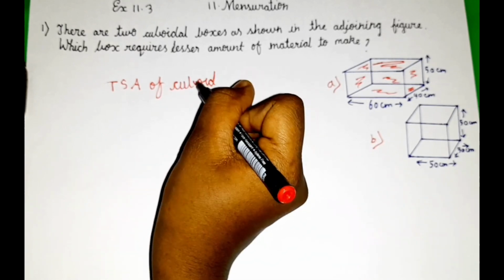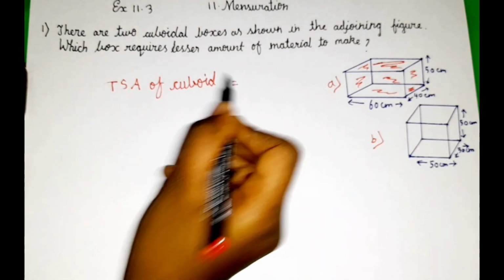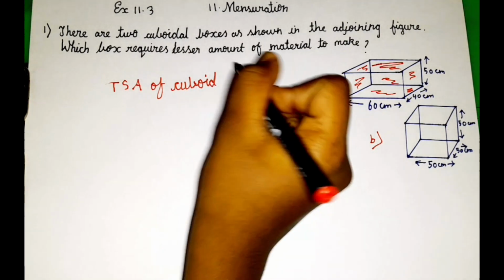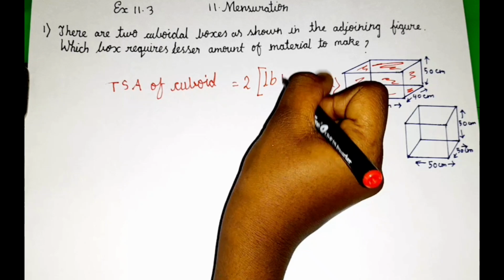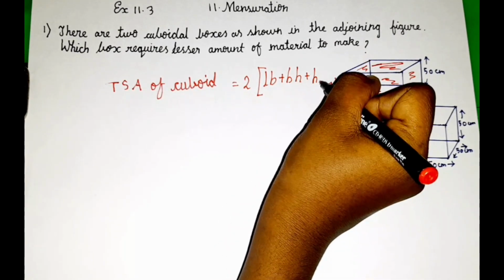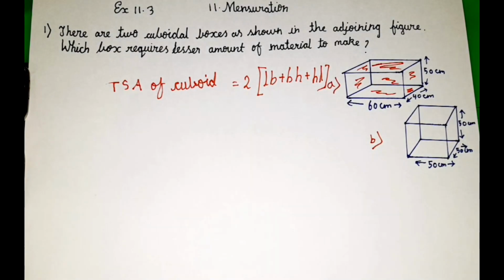What's the full meaning of TSA? It means total surface area. Why is it total surface area? Because it's covering all the parts. So the formula is: TSA of a cuboid is 2 into (length times breadth plus breadth times height plus height times length).